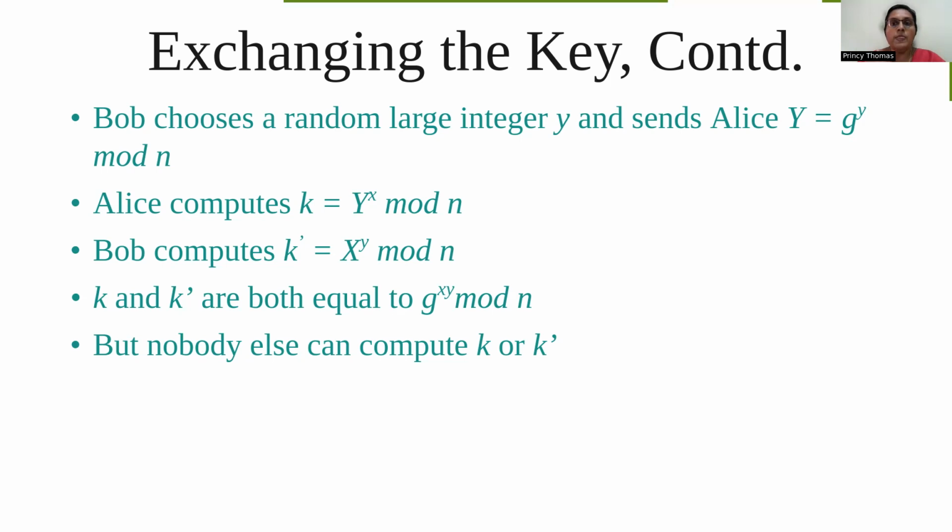So now Alice has capital Y, that is g raised to y mod n, and Bob has capital X, that is g raised to x mod n.